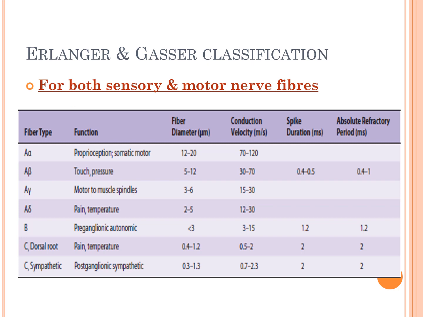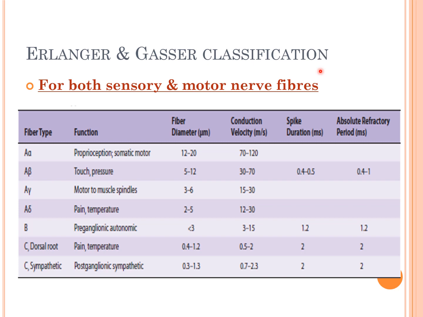So here we come to the Erlanger and Gasser classification. I told you the nerve fibers are classified based on the diameter and conduction velocity. So it is classified as type A, type B and type C fibers. Type A nerve fibers are subdivided into A alpha, A beta, A gamma and A delta. This Erlanger and Gasser classification is for both sensory and motor fibers.